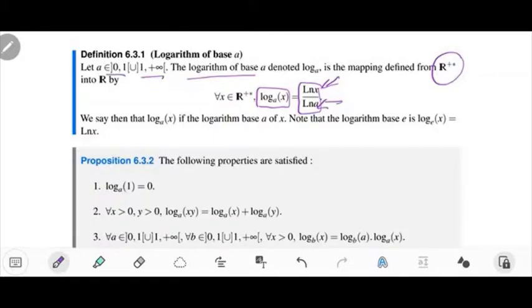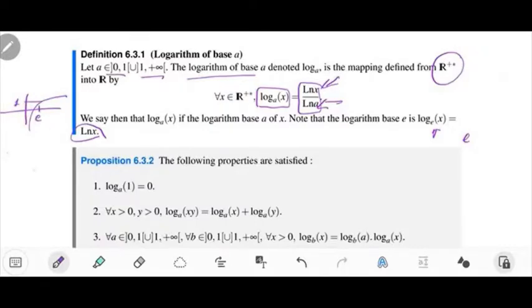In this case, the logarithm base e, which is the number that is the image of 1 by the exponential function, so the logarithm base e of x is equal to ln of x. In fact, if you take the function ln of x, take the number whose image is 1, it will be this number e.